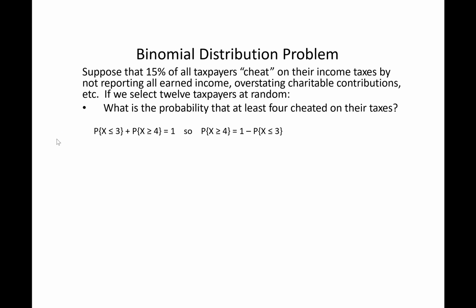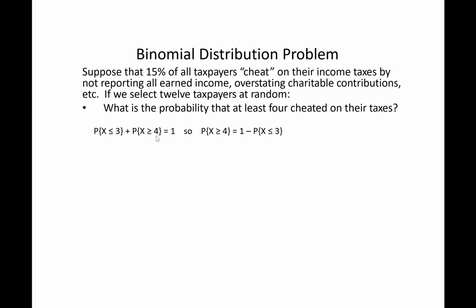The final question asks the probability that at least 4 cheated on their taxes. That means 4 or more. And we just saw that Minitab thinks in terms of cumulative probabilities in much the same way as it does probabilities. So if we want to think about this, we can say that x is either going to be less than or equal to 3, or x is going to be greater than or equal to 4.